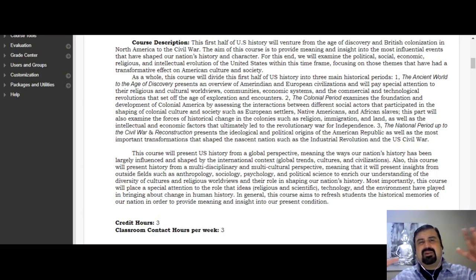Out of the encounters of Europeans and Americans after Columbus's discovery in 1492, we're going to look at colonization. In other words, what really was at the very beginning, looking at what was pushing Europeans out of Europe to come to America.